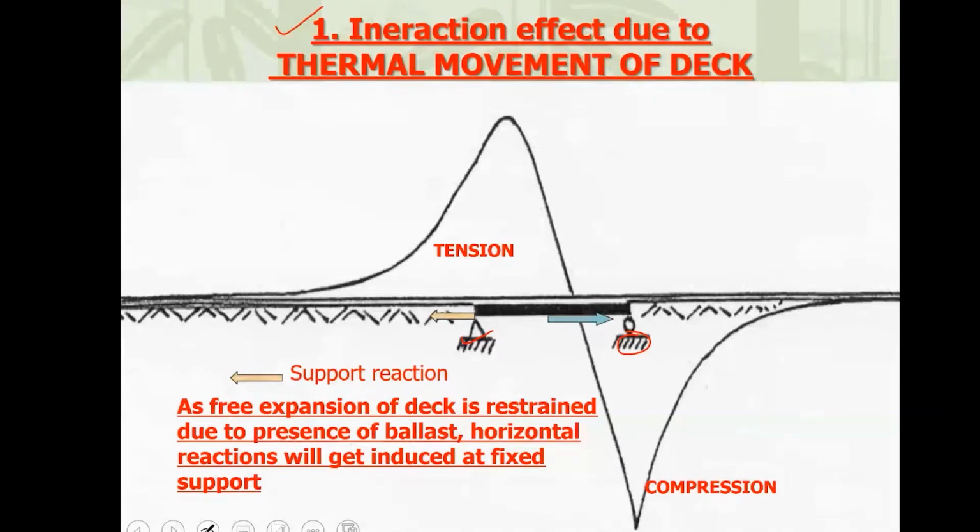Now, if this deck was free to expand, अगर ये इस तरह का था, इसका टेम्परेचर रेंज किया तो मान लो ये इतना एक्सपेंड हो गया, राइट? एंड दिस रोलर इज हैविंग से 0 फ्रिक्शन. सो टेल मी, विल देयर एनी थर्मल फोर्सेस इन दिस ब्रिज डेक? इसमें कोई फोर्सेस इंड्यूस होंगे क्या? अगर फ्री एक्सपेंशन हो रहा है ब्रिज डेक का तो इसमें कोई लॉन्गिट्यूडनल फोर्सेस ब्रिज डेक में इंड्यूस होंगे?